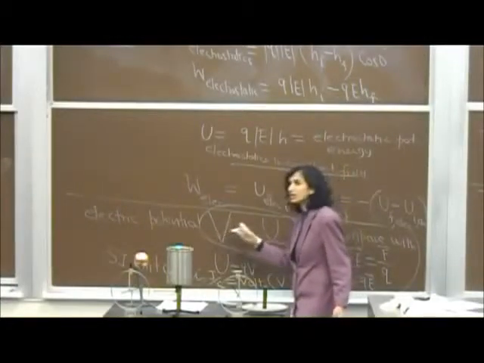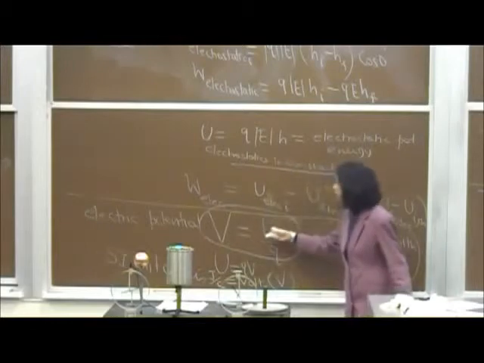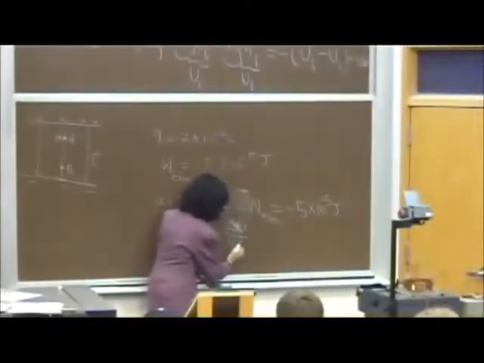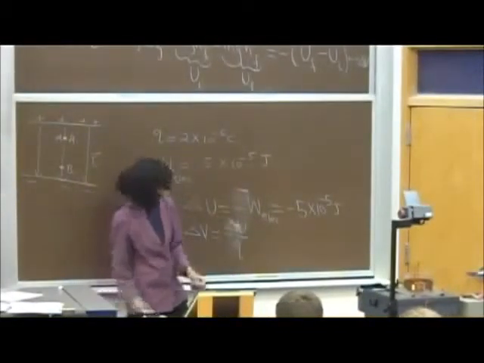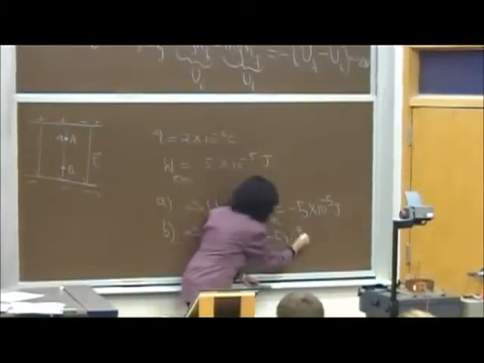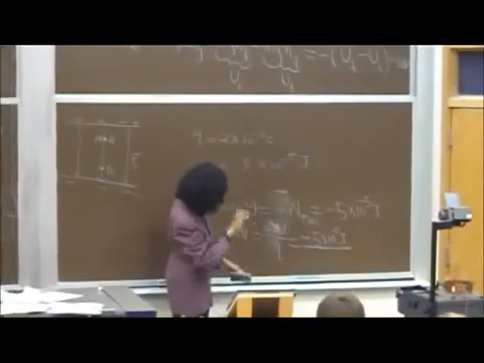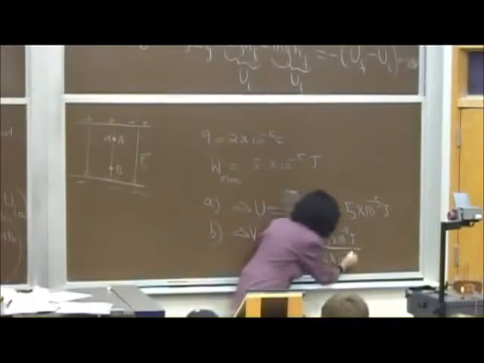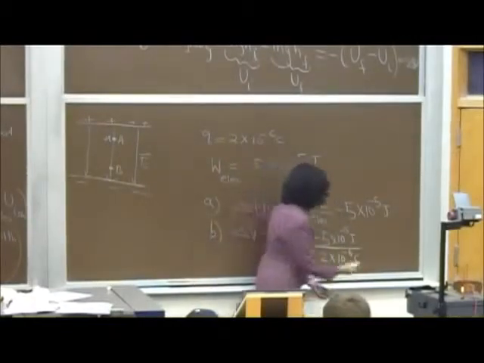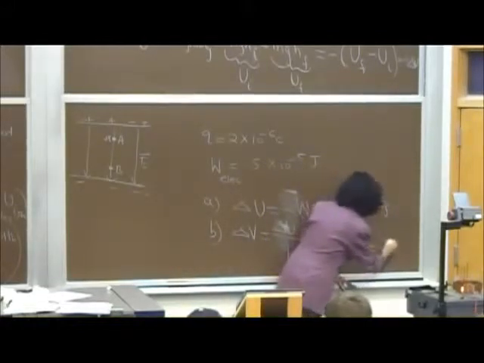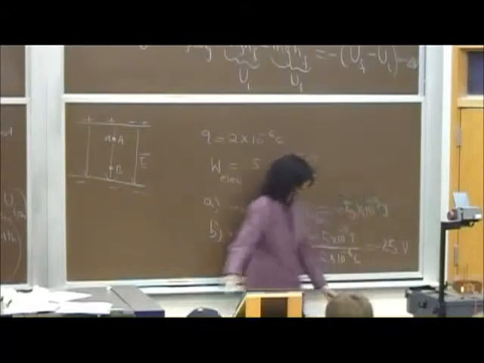So V final minus V initial will be equal to U final minus U initial divided by Q. And that means that delta V should be equal to delta U divided by Q. And that means this should be equal to minus 5 times 10 power minus 5 joules divided by Q, which is 2 times 10 power minus 6 coulomb. And so this is equal to minus 25 volts.